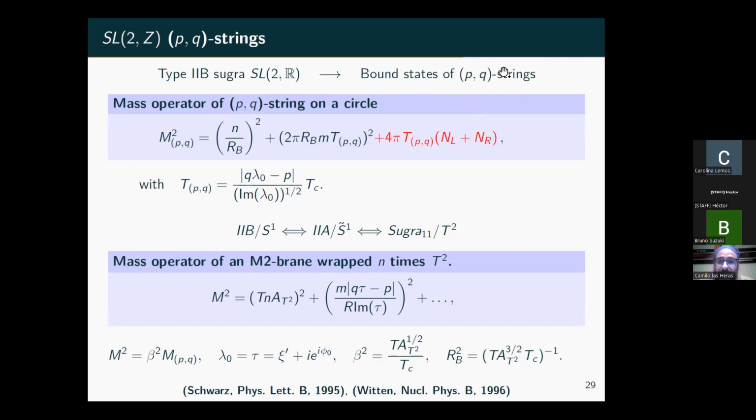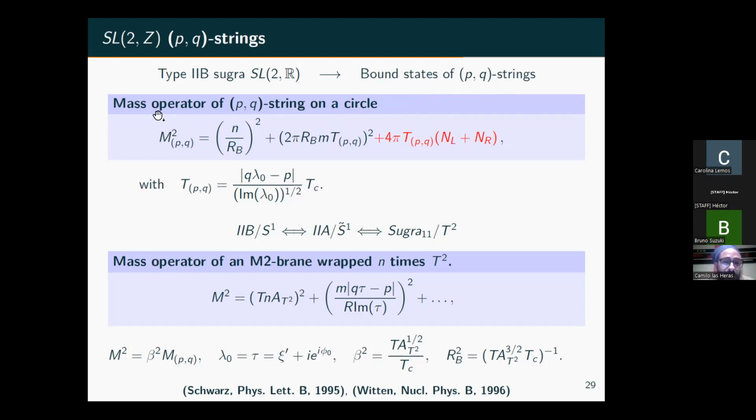So PQ strings are strings that have both Ramond-Ramond and Neveu-Schwarz charges, and it was interpreted by Witten as a bound state of fundamental strings and D1 branes, okay? Because fundamental strings are characterized by a Neveu-Schwarz charge, and D1 branes are characterized by Ramond-Ramond charges. Therefore, this PQ string, according to Witten, can be understood as a bound state of fundamental strings and D1 branes.